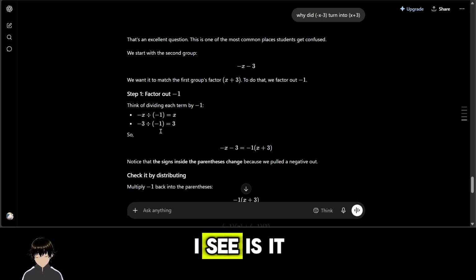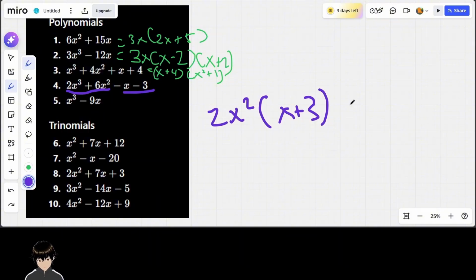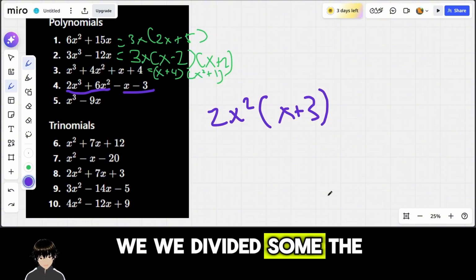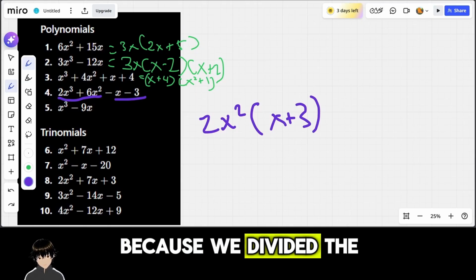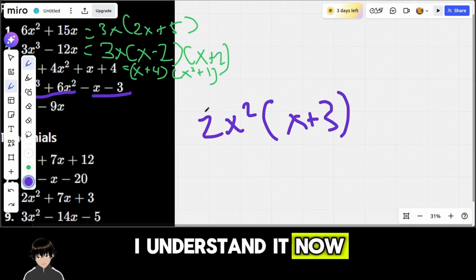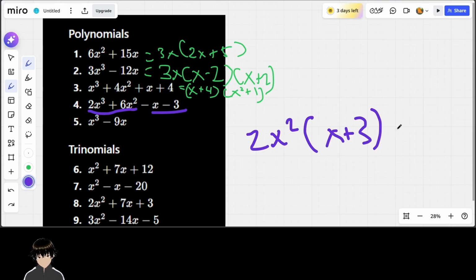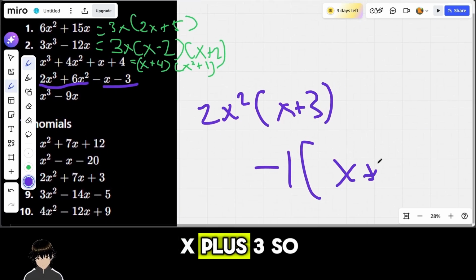I see. Is it because it divided? We divided the two terms here. I understand it now. It's gonna be 1 x plus 3.